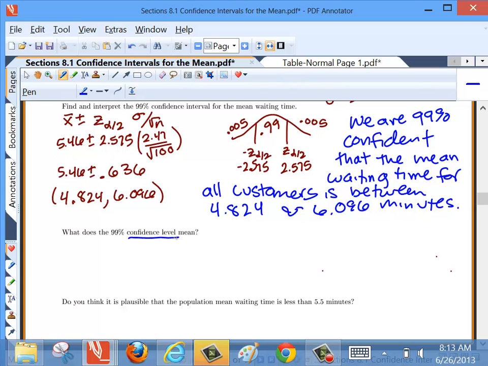Okay, so what is the thing that can change? So in the applet that we looked at, what can change? Can the population mean change or the sample mean change? The sample mean.